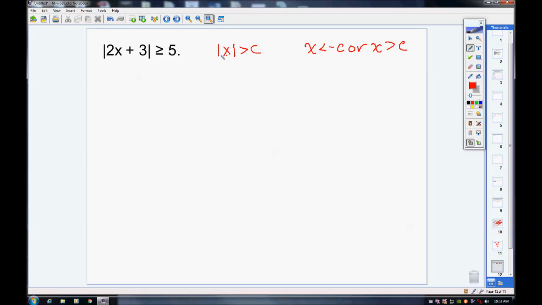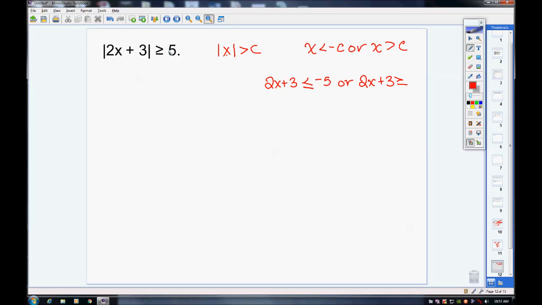So here, instead of x, I'm going to write 2x plus 3 is less than, there's 5. Oh, that's an equal to. When that's an equal to, I need to put an equal to on these. So 5, and instead of writing -c, I'm going to write -5, or the x's equivalence is 2x plus 3. Now we're going to do greater than or equal to, because of that equal to, 5 corresponds with c.